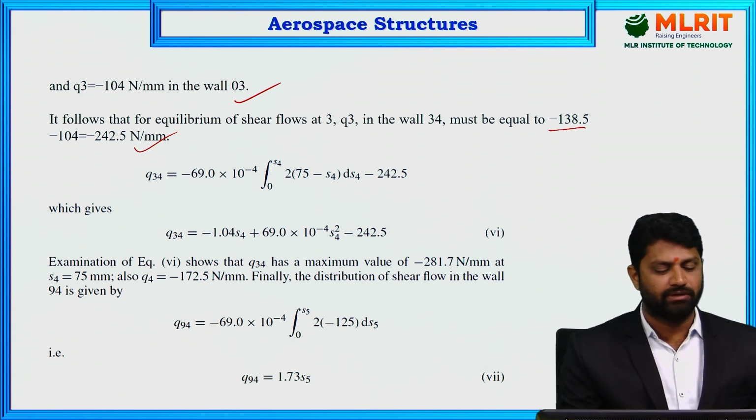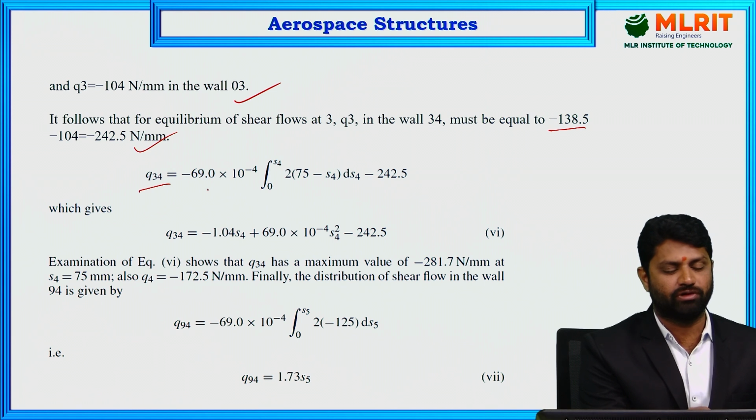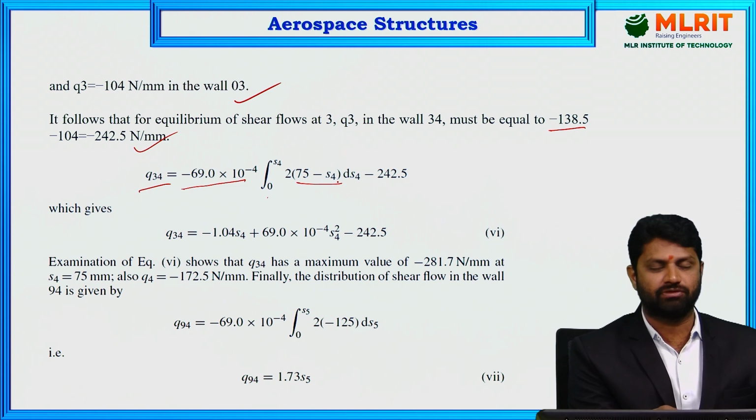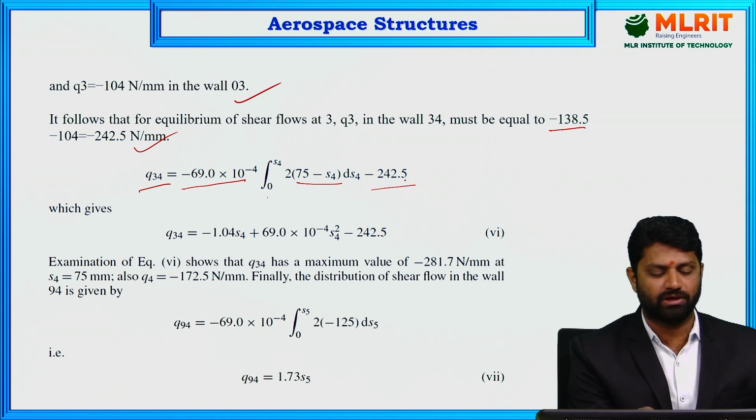Then if you look at the panel 3, 4, Q34 equals minus 69 into 10 power minus 4, integral 0 to S4. The y distance you can substitute from the centroid, and it is 75 minus S4, and then minus 242.5 you have to add, because Q3 is the open section shear flow.